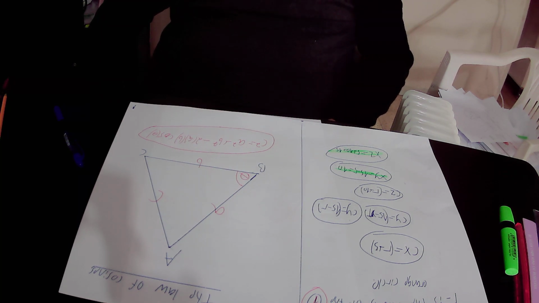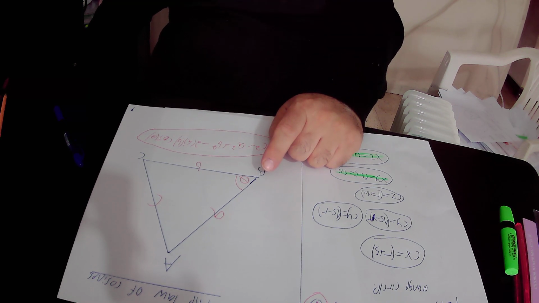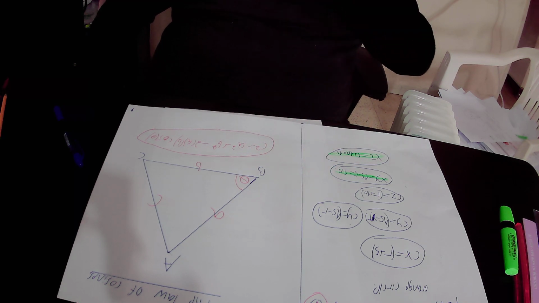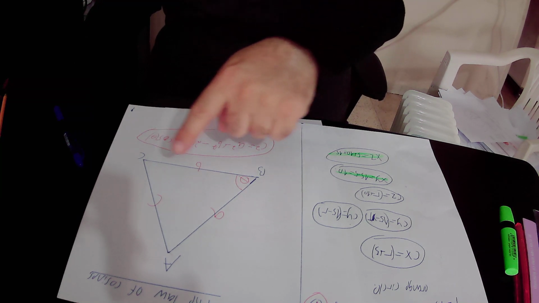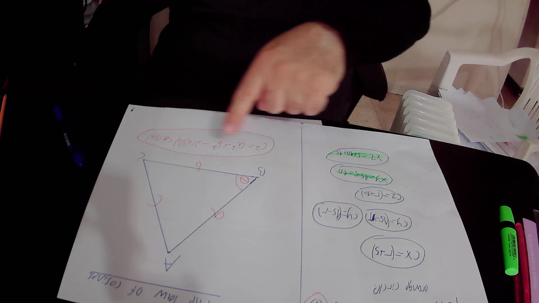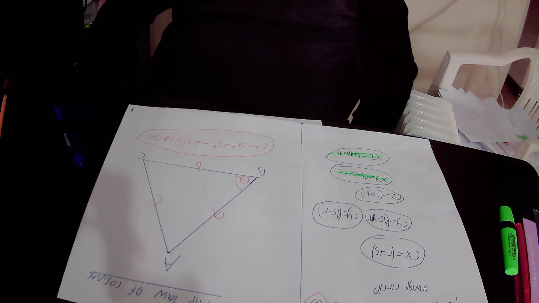Then the angle between side AB and side BC is theta. According to the law of cosines, C squared will be equal to A squared plus B squared minus 2 times AB times cosine theta.